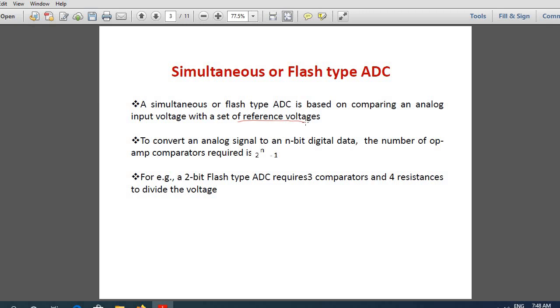For the circuit we need a number of op-amp comparators and a number of resistances. The total number of op-amp comparators required is given by the formula 2 raised to n minus 1, where n is the n-bit digital data. And the number of resistances required is 2 raised to n. That is, a 2-bit flash type ADC requires 3 comparators and 4 resistances.